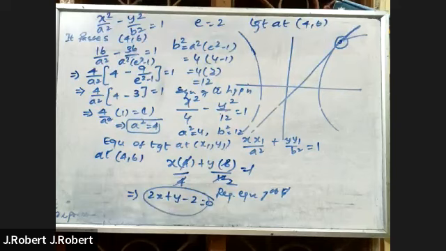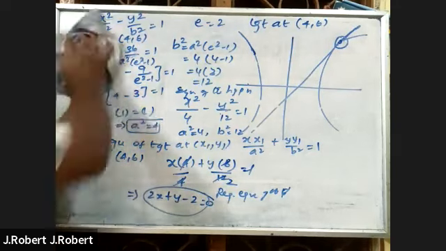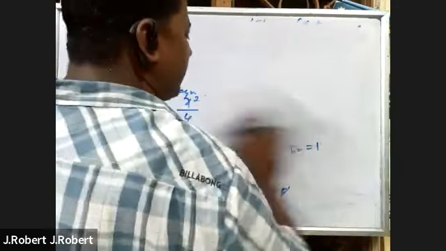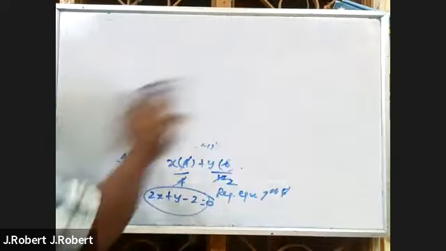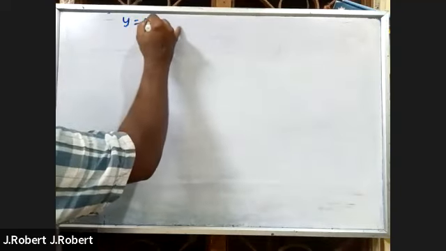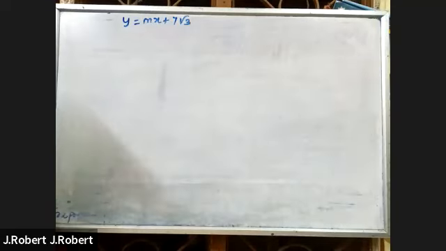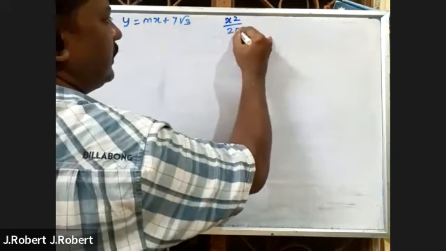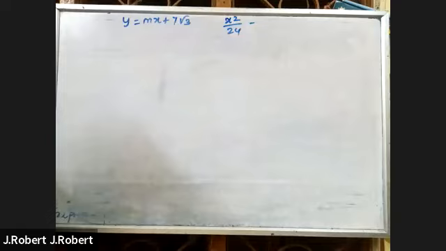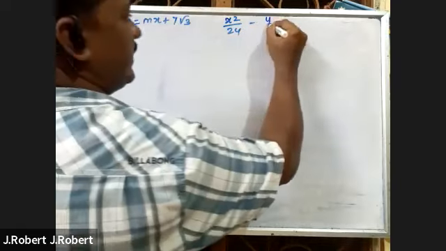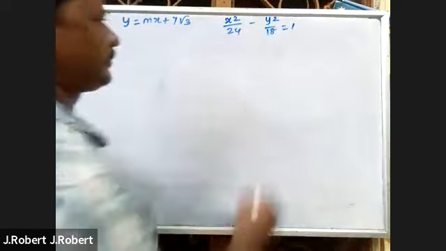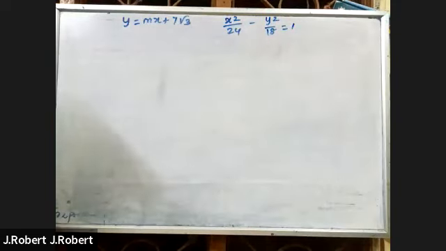If the line y is equals to mx plus 7 root 3 is normal to the hyperbola x square by 24 minus y square by 18 is equals to 1. Then the value of m is.